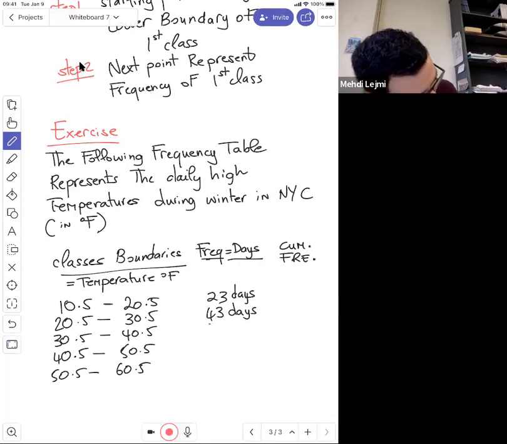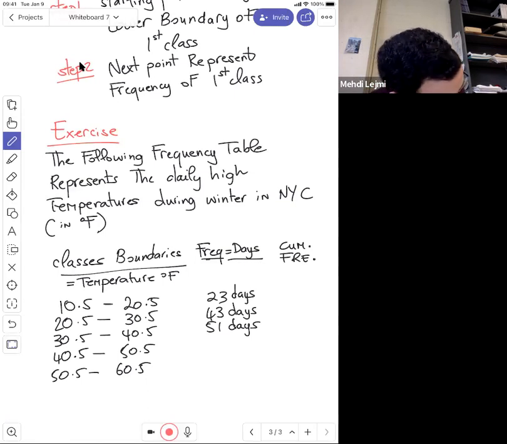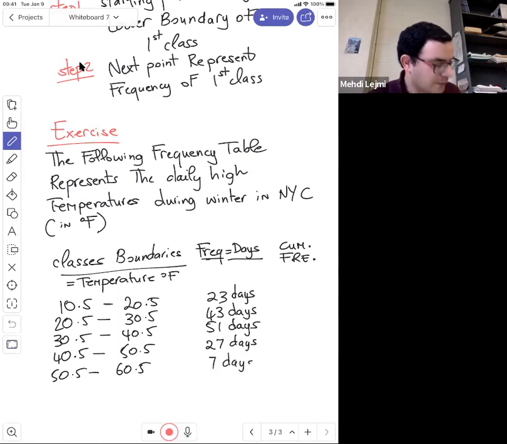So then we had 51 days, which is not bad, between 30 and 40. And then 27 days between 40 and 50. But between 50 and 60, we had only 7 days. Now for cumulative frequency, we have the first class frequency. The cumulative frequency of the second class would be 43 plus 23, so that would be 66.